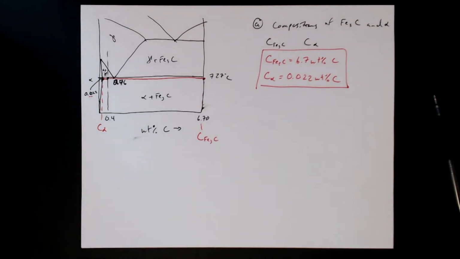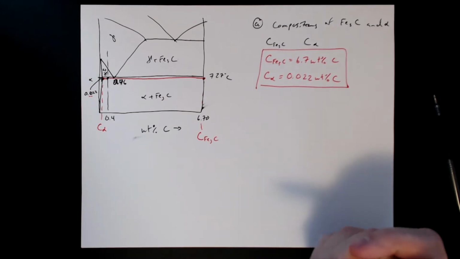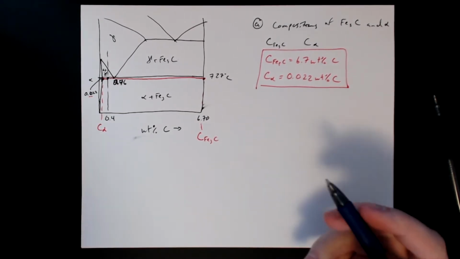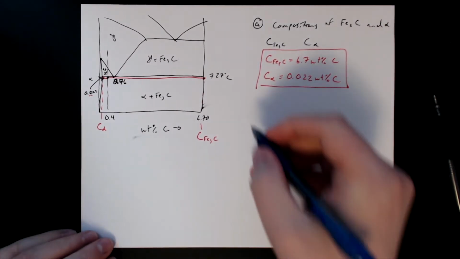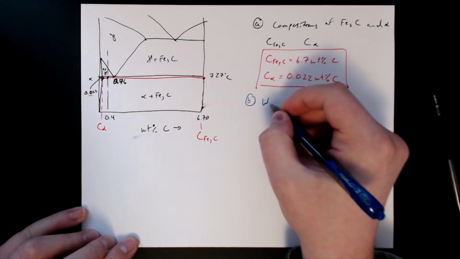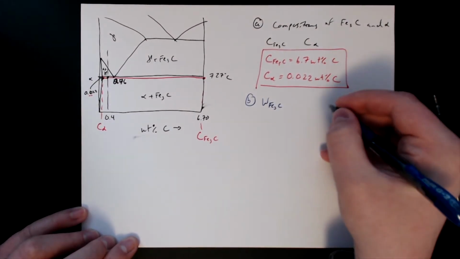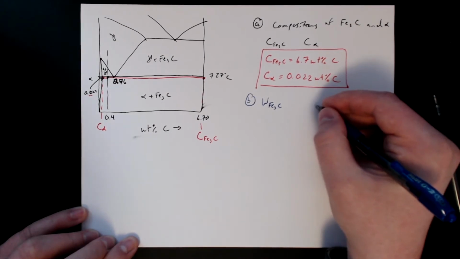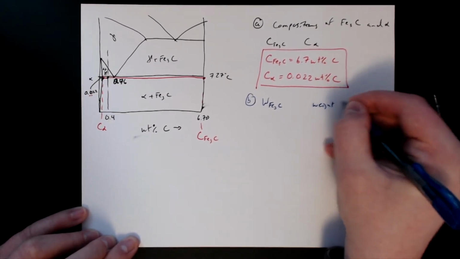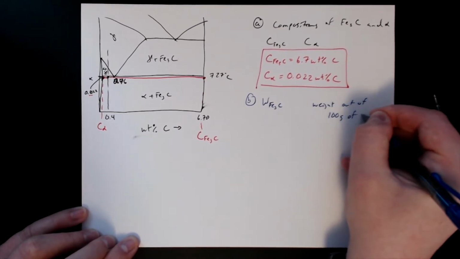For B, it was asking us the amount of cementite that forms in 100 grams. We've already done weight fractions, and the only additional thing is that it wants the weight of cementite, Fe3C, out of 100 grams of steel.